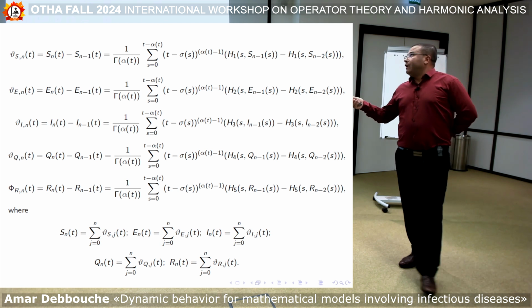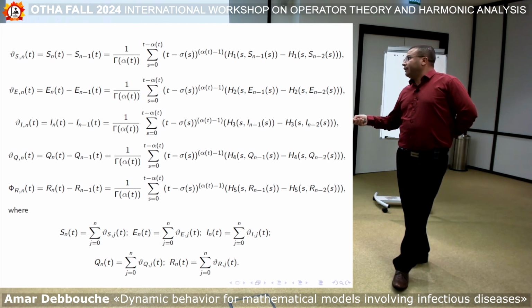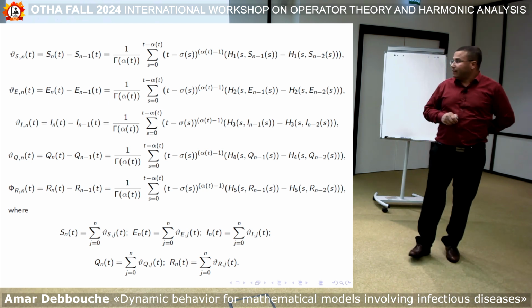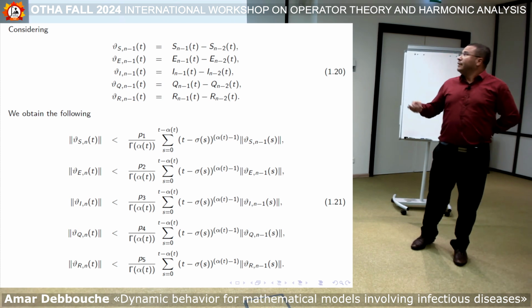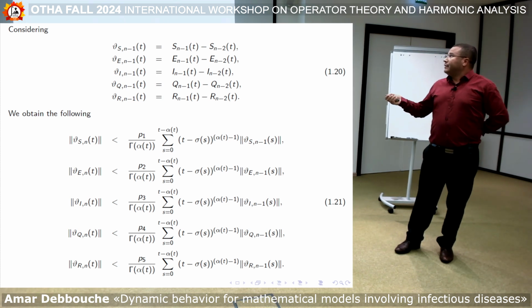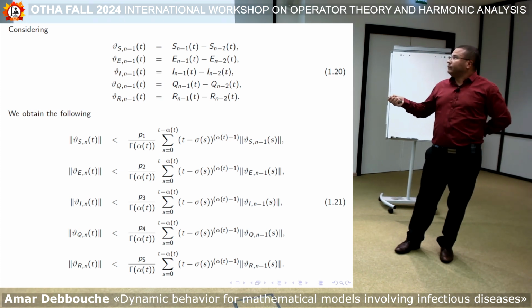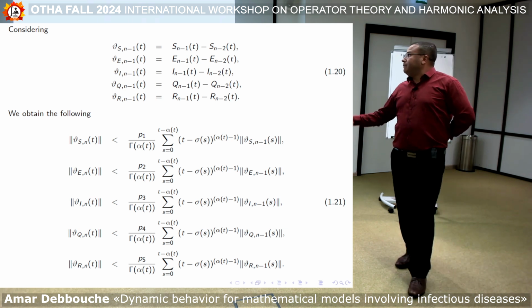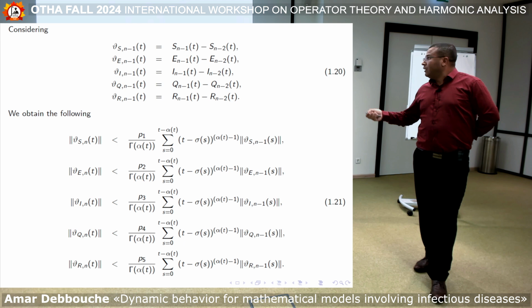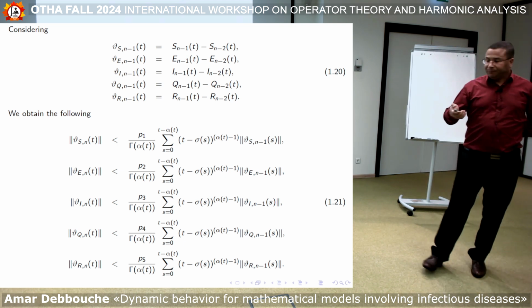Here, Sn till Rn are given with the following finite summation, as you see. So we consider these new differences with this name. After that, we estimate the norm of each one with the right-hand side.